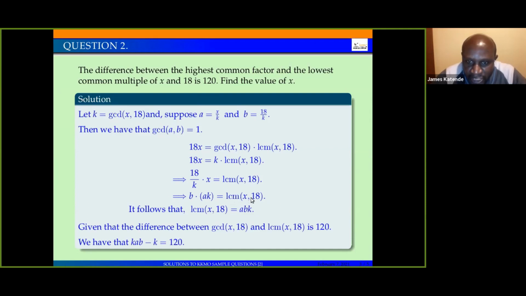So the least common multiple of x and 18 is abk. So the question already told us that the difference between the GCD and LCM is 120. So the GCD is k and the LCM is kab, the difference must be 120. So we'll use a few more tricks to move closer to getting the answer.